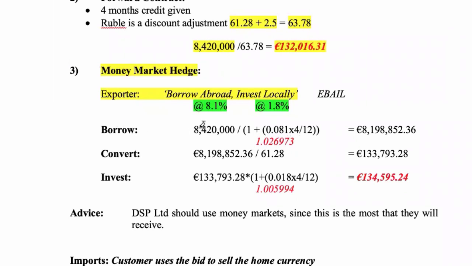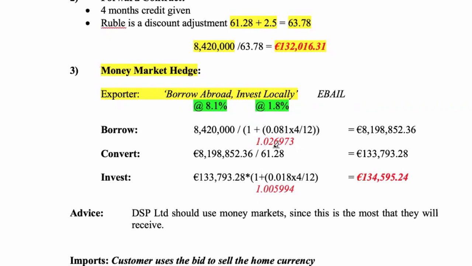Okay, so we're going to borrow 8.42 million ruble in the Russian bank account. They're going to quote us an interest rate of 8.1% for a 4-month period. That's why I have here, again, divided by 100, just to make sure you do that, 0.081 by 4 over 12, and we're going to add it on to your 1.